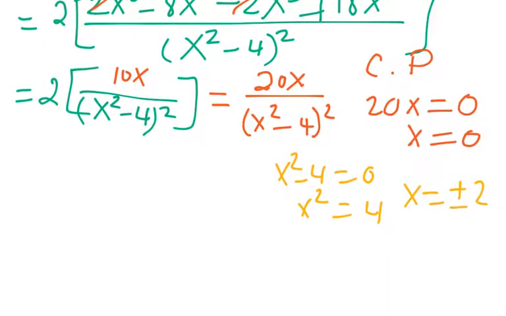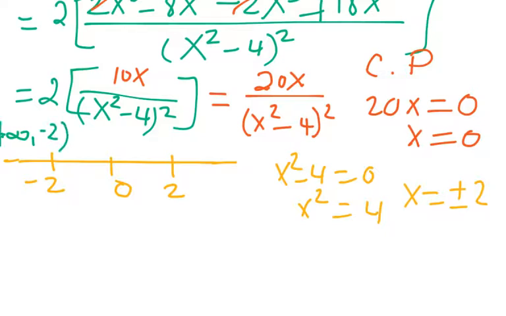Okay, so the table. We go from negative 2, 0, and then 2. The intervals are negative infinity to negative 2, negative 2 to 0, 0 to 2, and then 2 to positive infinity.